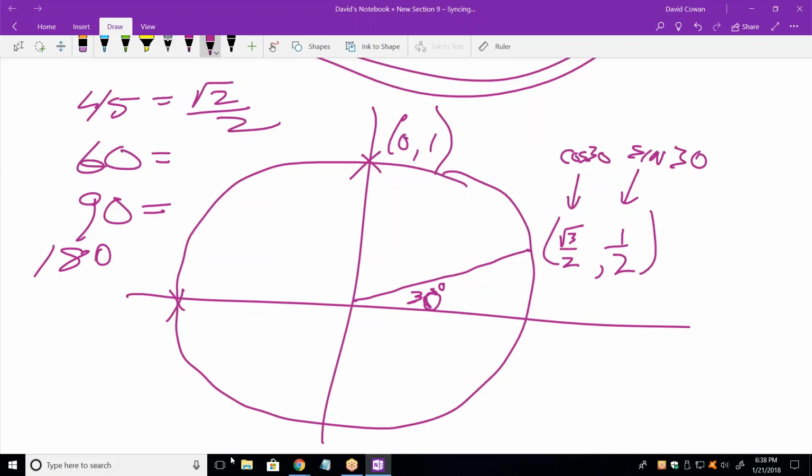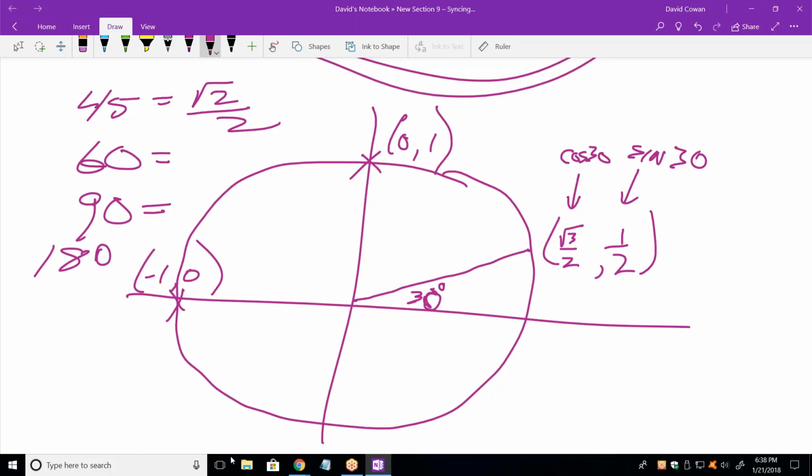Negative 1, 0. Which means, what's the cosine of 180? Just negative 1, just the cosine. The sine of 180 is 0.